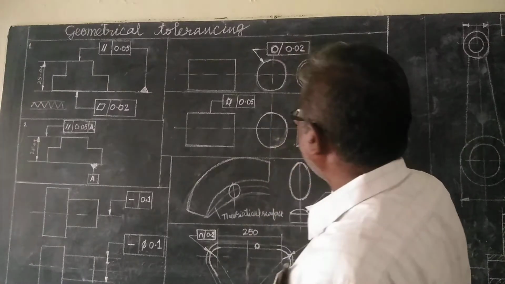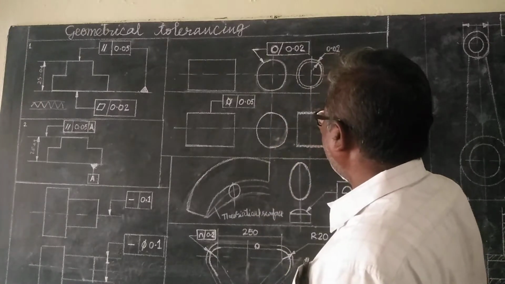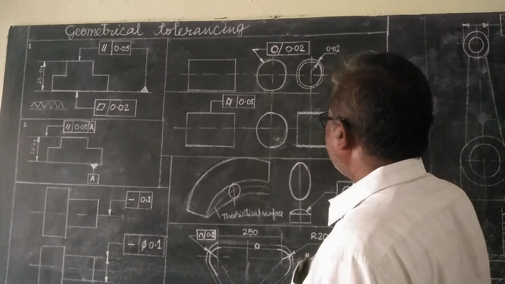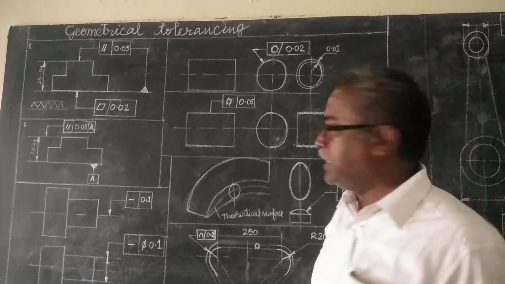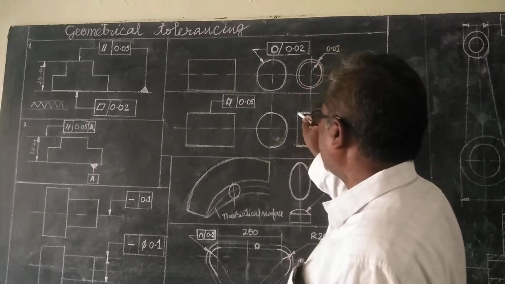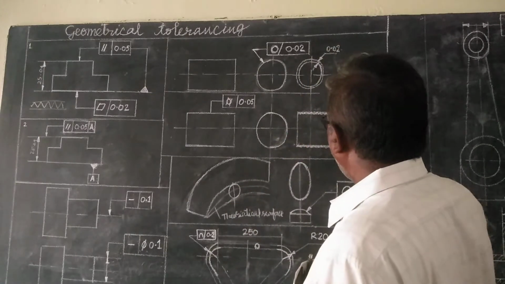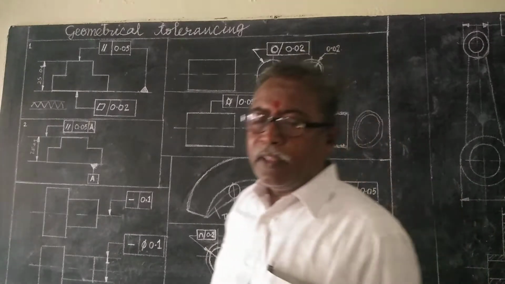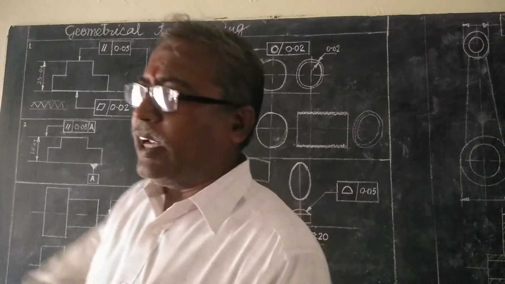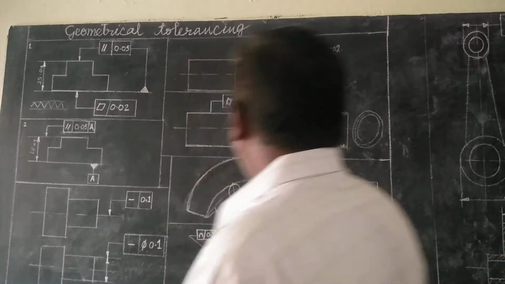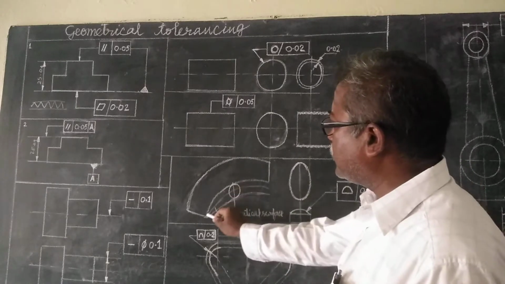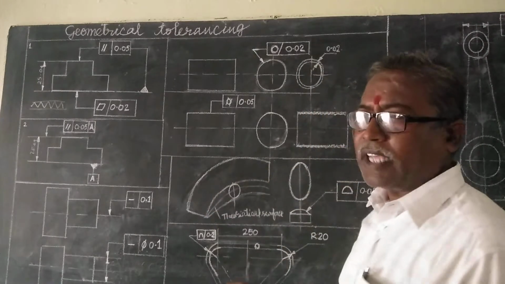This cylindricity variation will be given here, up and down. The side view is given here. In cylindricity also, two circles you will get, one circle like this and another circle also like this. Then next one we are going continuously. Here is given a sphere surface.